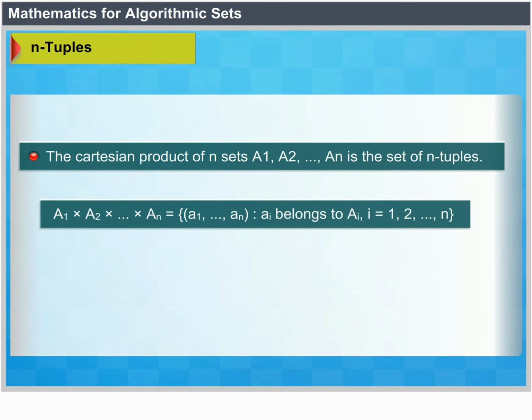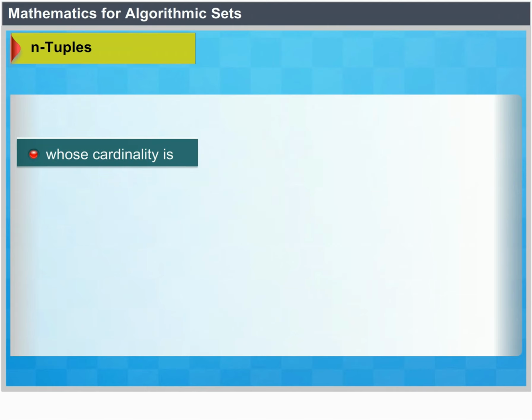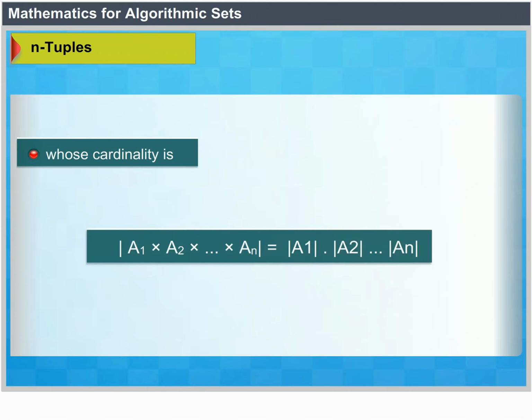Here i represents 1, 2 up to n, whose cardinality is |A1 × A2 × ... × An| = |A1| times |A2| up to |An|.